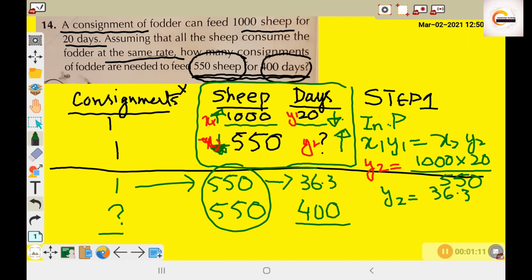So let's see, if there will be less days as compared to 400 days, will we need more consignments or less consignments? Yes, if there will be less days, we will need less number of consignments, and if there will be more days, we will require more number of consignments.